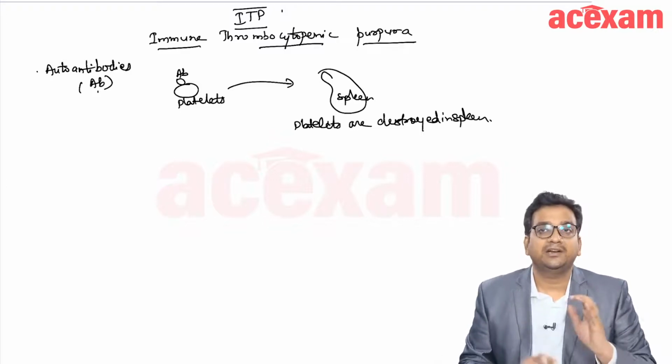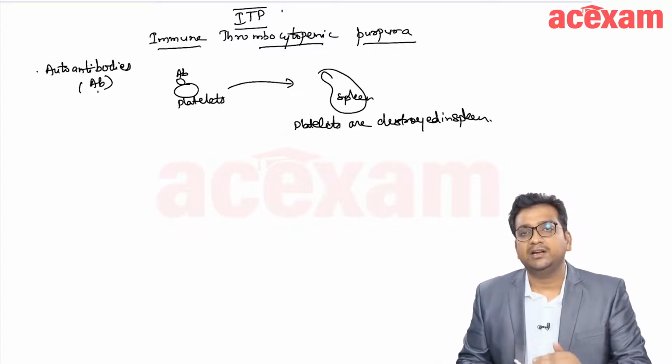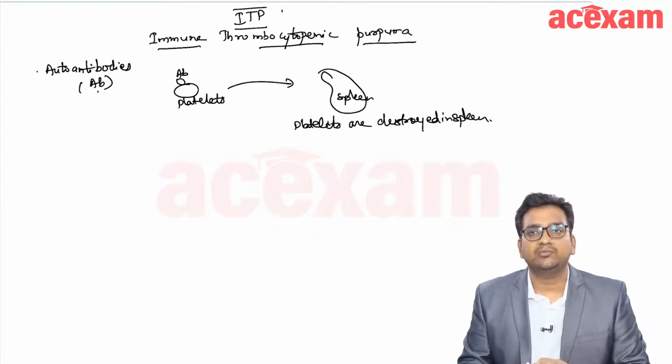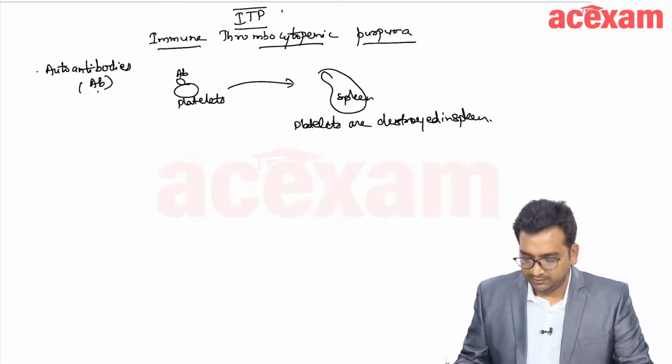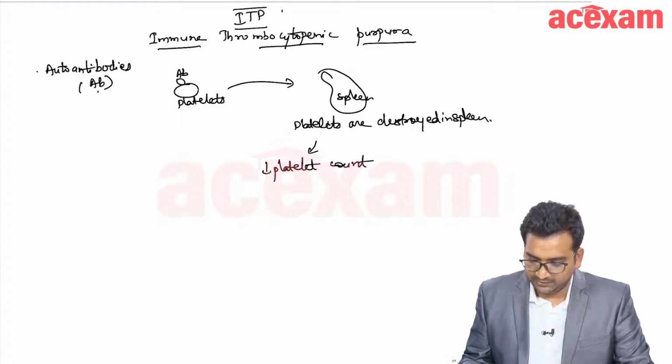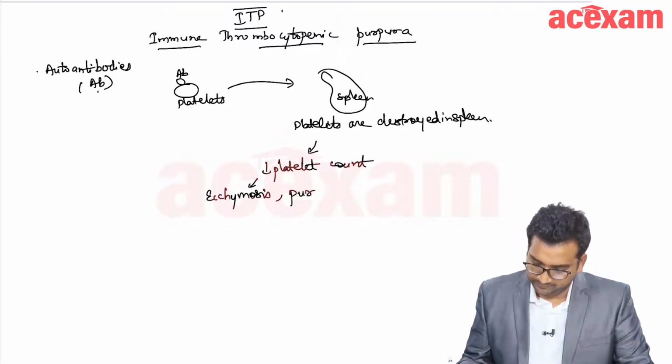Ultimately there will be thrombocytopenia, that is decreased platelet count, and there will be petechiae, ecchymosis, purpura, etc.